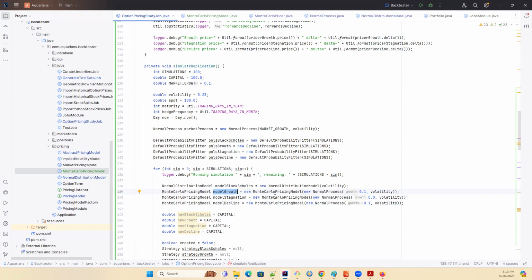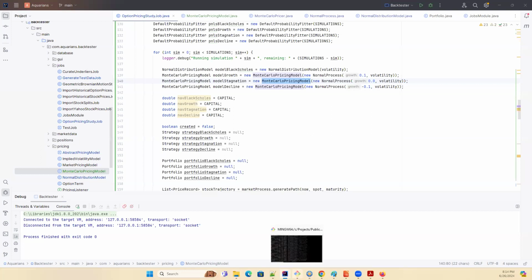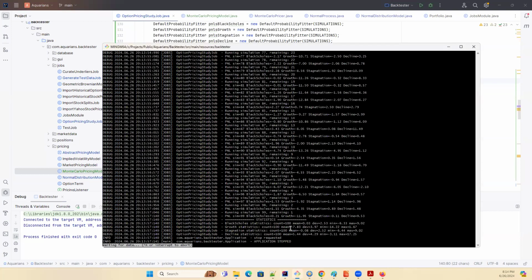So we actually need to use this one for proper calculation, which is the same as Black-Scholes. But what if we used the same as the market? What would happen? And this one obviously has a negative. What the heck? Okay, so what we got now.